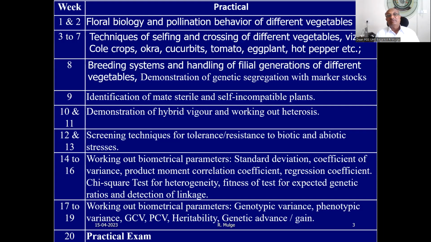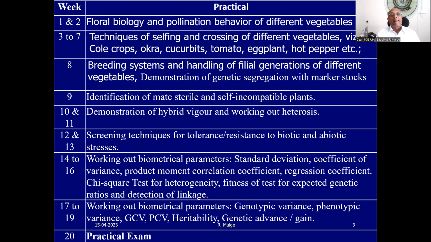Then from the third to seventh week, you can spend time in the field practicing techniques of selfing and crossing of different vegetables, whatever crops exist in the field, such as okra, cucumber, tomato, eggplant, hot pepper, etc. In the eighth week, breeding systems and handling of filial generations of different vegetables, like demonstration of genetic segregation with marker stocks. If any postgraduate students are working on this aspect and the material is in the field, we can go through that.